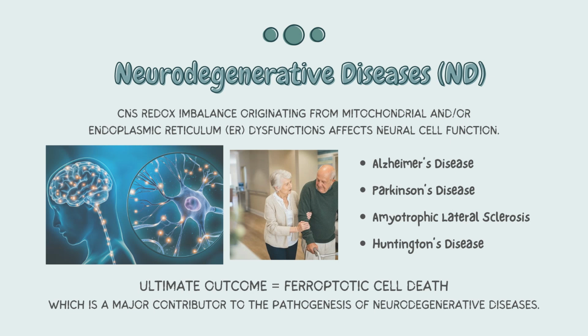As an ultimate outcome, it may trigger ferroptotic cell death, which is a major contributor to the pathogenesis of neurodegenerative diseases. Pharmacological targeting of these pathological pathways may help alleviate or slow down neurodegeneration.